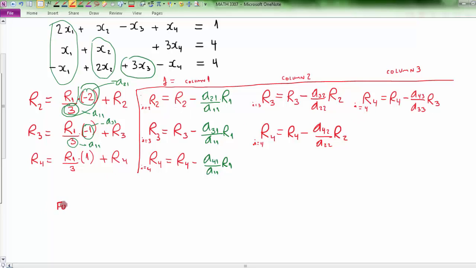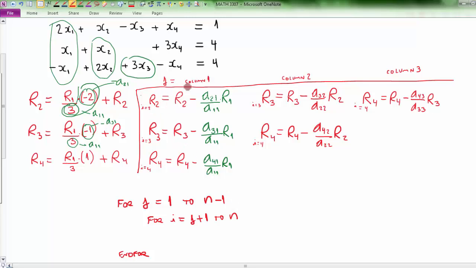All right, so the loop would be, I'll just write it here, j going from 1 to 3, that's the number of variables minus 1. And then inside this loop we have another loop going from j plus 1 to n.